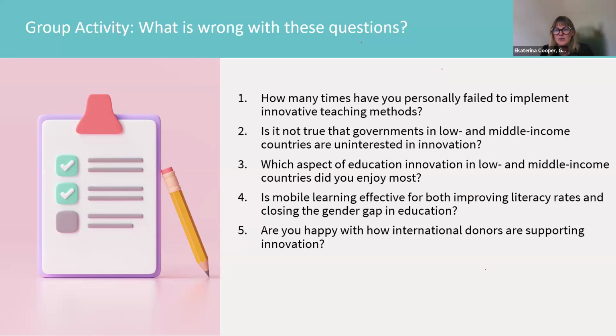Very rarely would you have a question in which you need to know just yes or no or a specific number, unless you are checking the fidelity of your intervention, and then you would know how many lessons somebody attended or how many practices, pieces of homework or activities they did. In that case it can be meaningful, but in this case it's very likely a very broad question that doesn't give us much context as an answer.